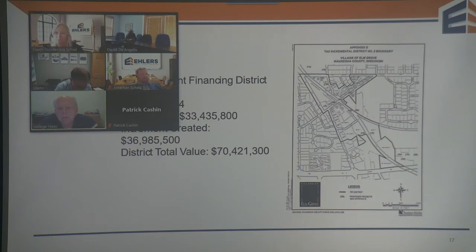My understanding is that the utility proposal for the apartments does include looping as a second source of water to the apartment site, and it would come down past all the single-family homes and then loop back in. Right, so that piece of it, I think, would have to be prorated, that the TIF could pay for part of it. But if there's other benefiting properties from it, then those other benefiting properties would have to share in that cost.